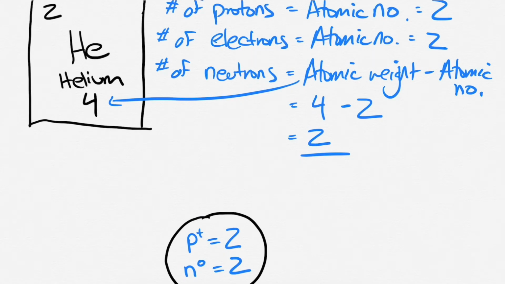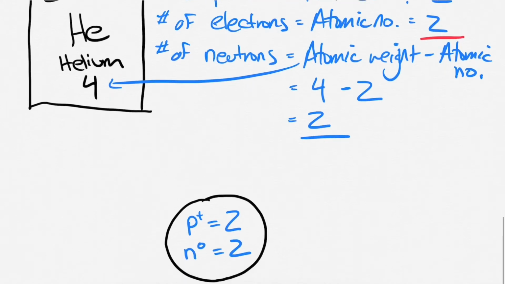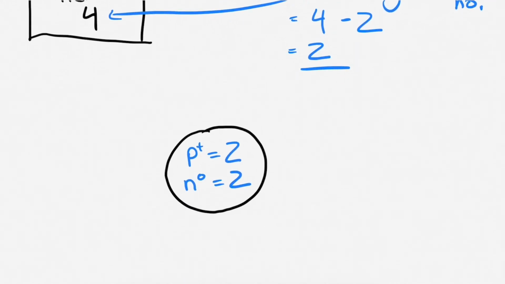We need 2 electrons. So does anyone remember how many electrons go in the first shell? It's also 2. So we're going to have a full electron shell here at the first level. So I'll draw my electron shell looking something like this. And then I'll draw on my 2 electrons, one at the top and one at the bottom. And this is going to be my Bohr-Rutherford diagram for helium.